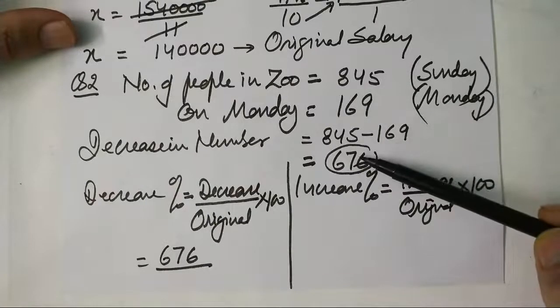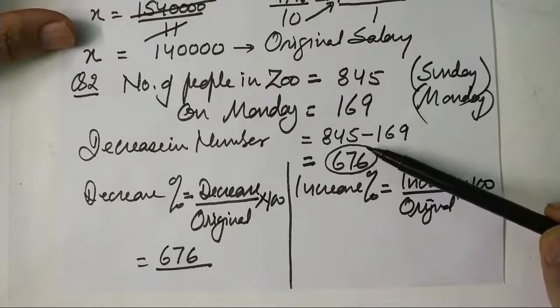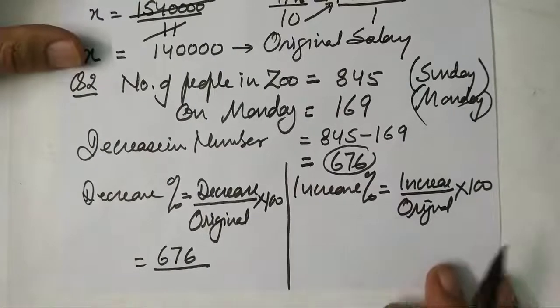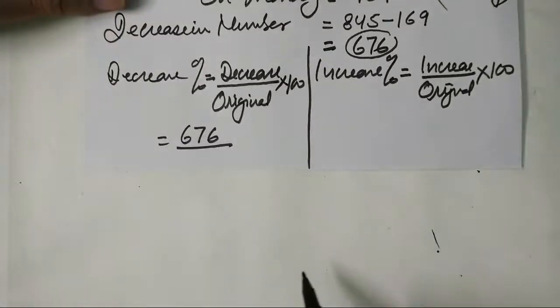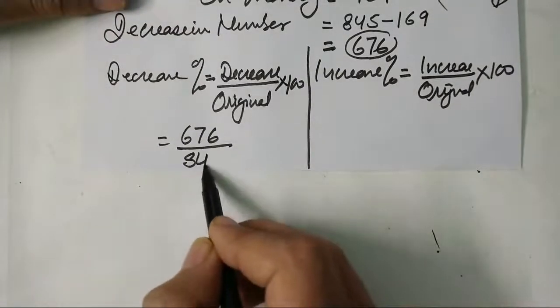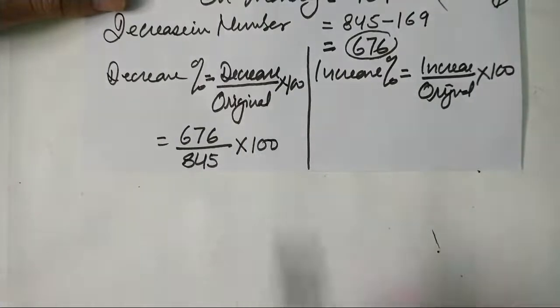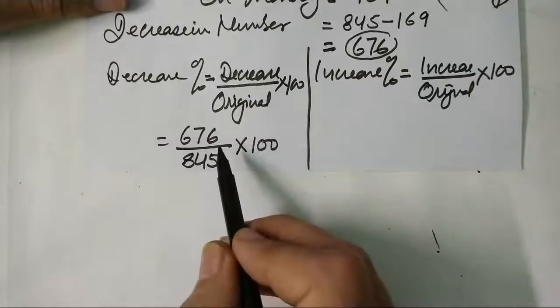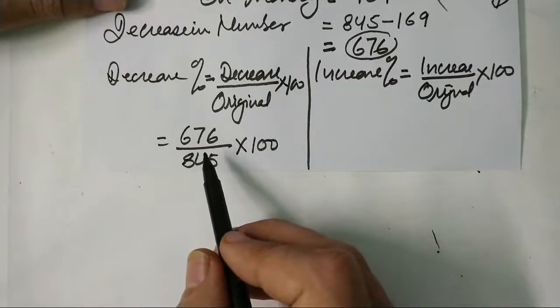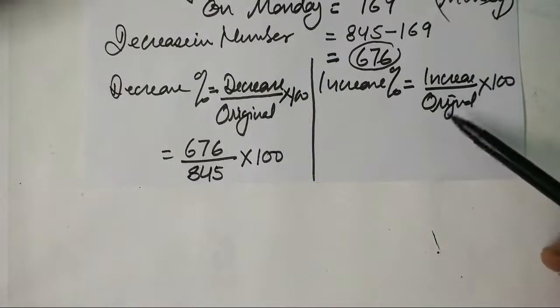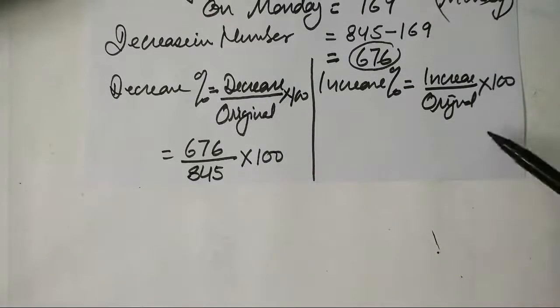So what was the decrease? 676. So what was the number before the decrease? It was 845. So you will write 676 upon 845 and multiply by 100. And this will give you the decrease. And in the same way, if you are finding the increase, you will just do increase upon original number and into 100.